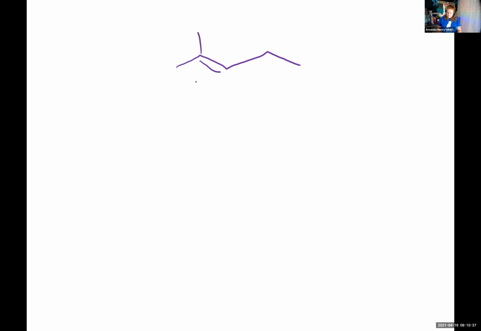We're going to fill in some reagents this time. So we normally do filling in the product. So I'm going to have us fill in reagents.